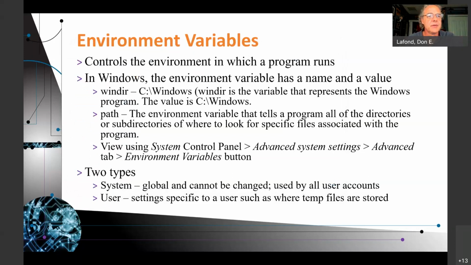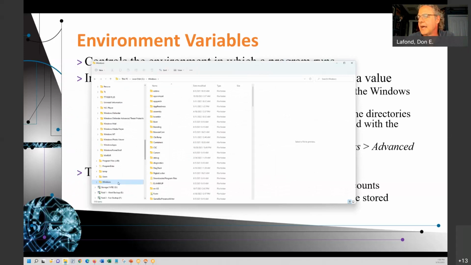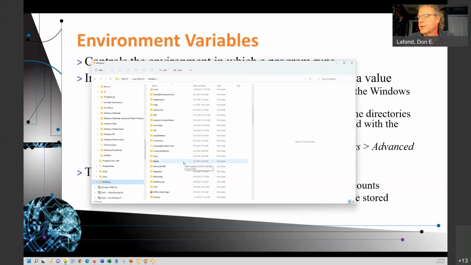Within Windows, I'm running Windows 11, so it's a little bit different. I'm looking for the system within Windows. There we go. So here, within Windows, I have a system folder.